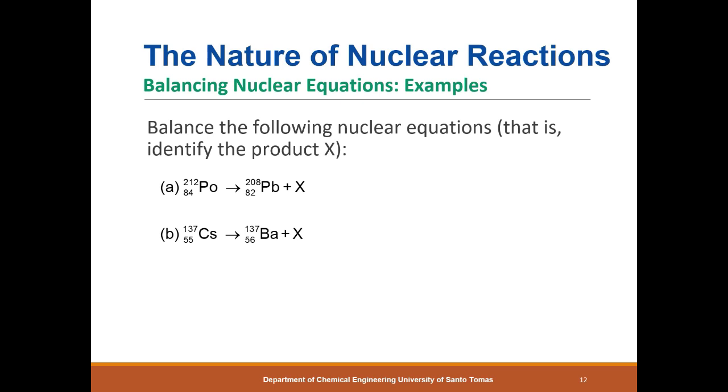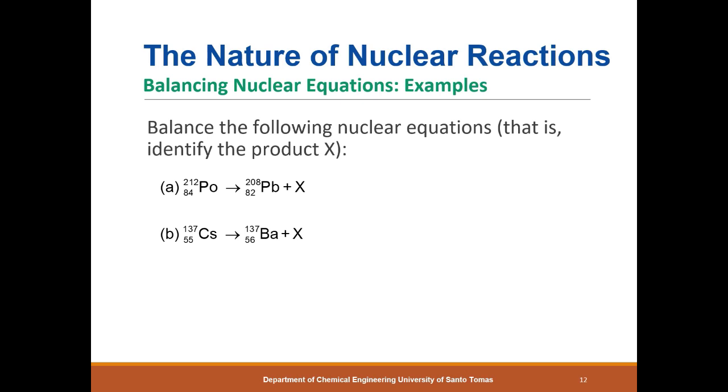Let us apply these rules to these examples. Balance the following nuclear equations. That is, identify the product X. Given A, polonium-212 producing lead-208 and product X, and B, cesium-137 producing barium-137 and product X.